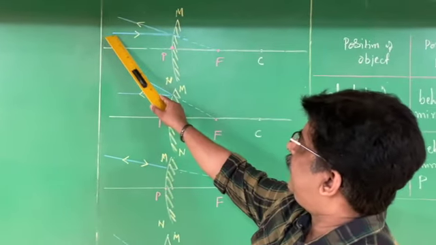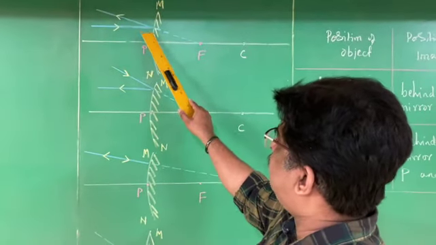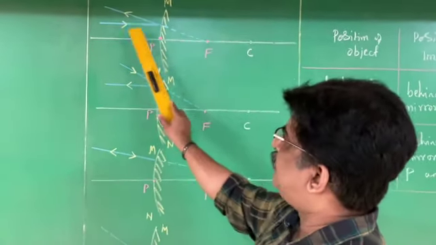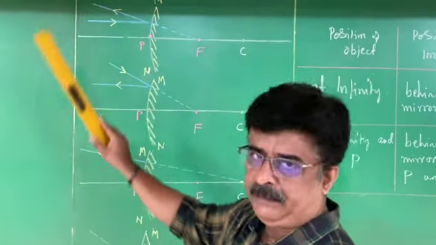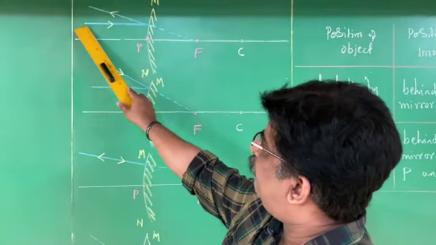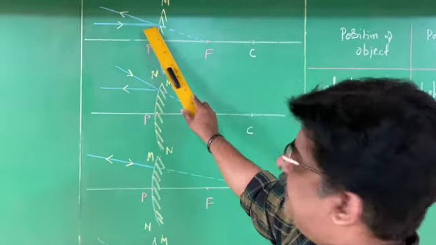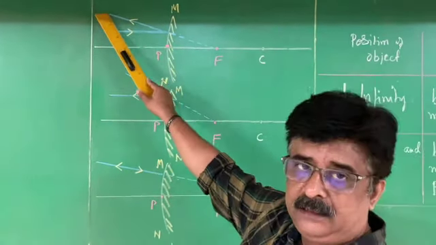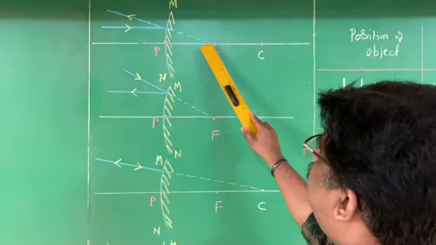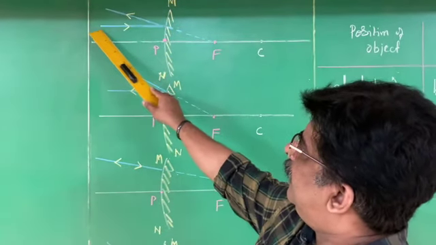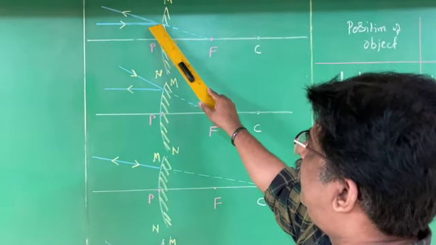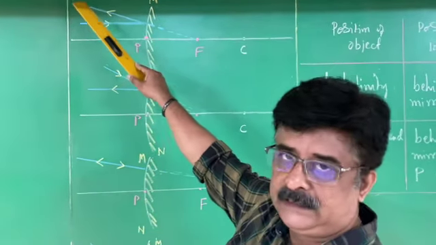A ray of light parallel to the principal axis. This is the front of the mirror and this is behind the mirror. Always the object should be placed in front of the mirror. The ray of light which is parallel to the principal axis appears to diverge from the principal focus. See, the ray comes like this, falls on a mirror and it diverges.